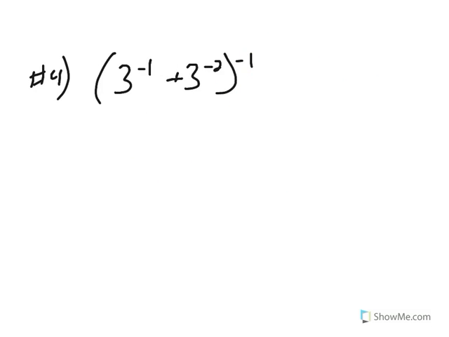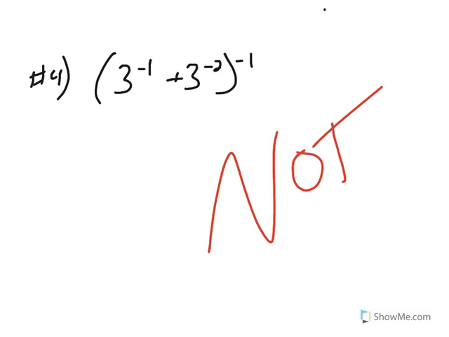Number 4, I'm going to first show you what you cannot do. This is what you cannot do for this problem, but it's what a lot of people do because they misunderstand the properties. The power to a power property combined with the power of a product property, let's say. Some people think that it applies to this, and when they apply it, here's what they do.